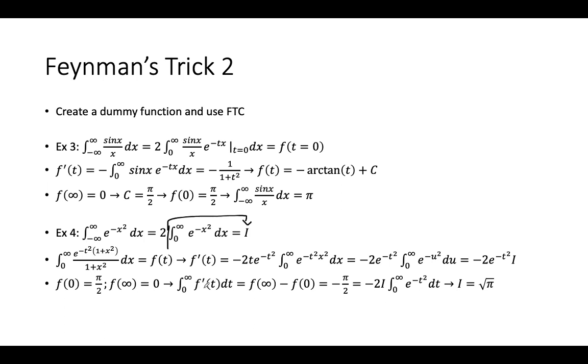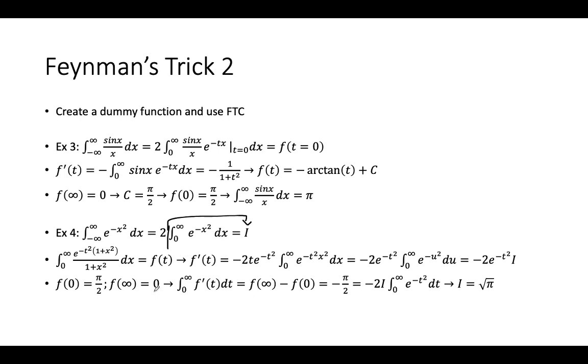And how do we know that? We know that because arctan again, I think. So yes, f of infinity is 0. Why is that?